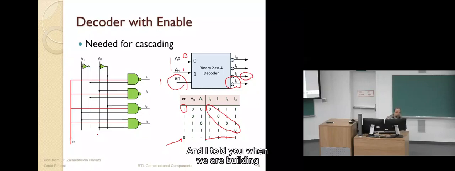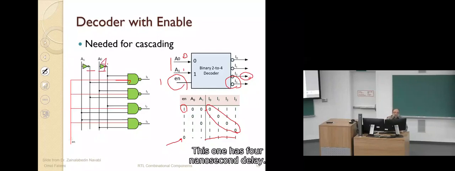And I told you, when we are building a component, we should think about the timings, the design, what will happen to the timing. So I will design something, for example, that has a 2-level circuit.